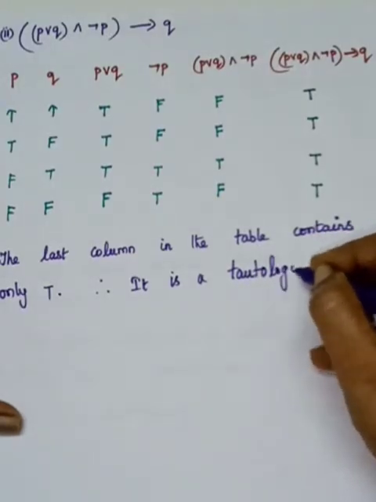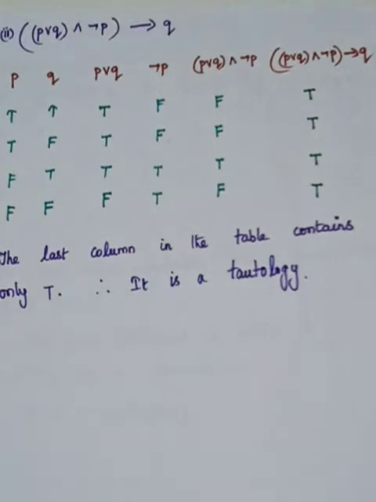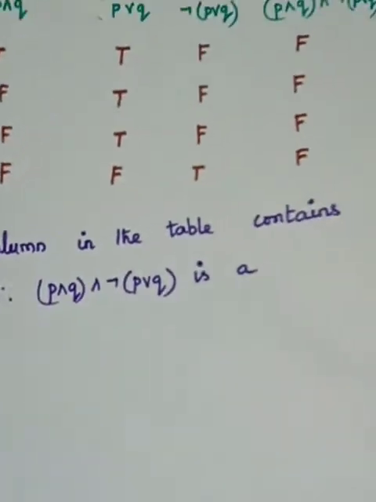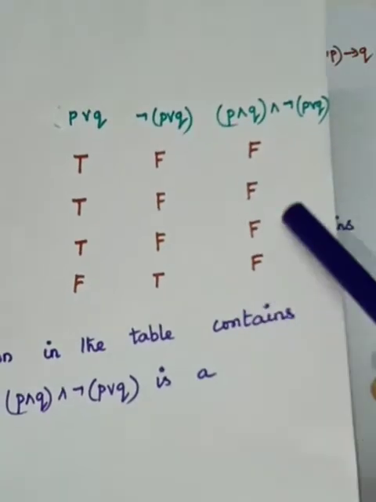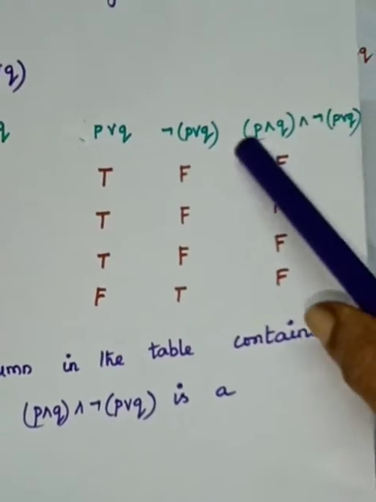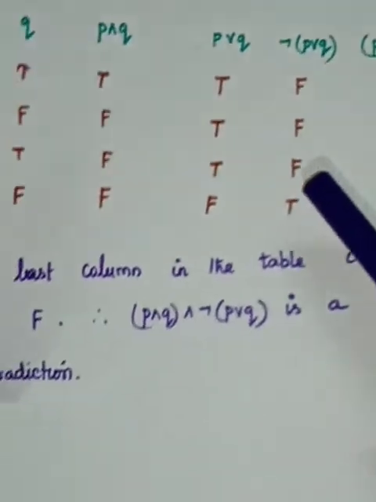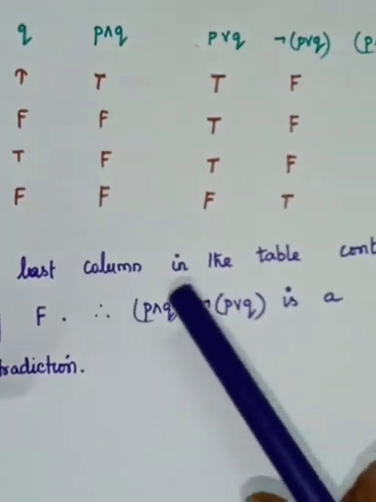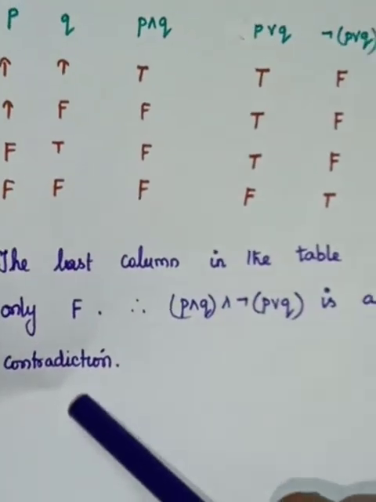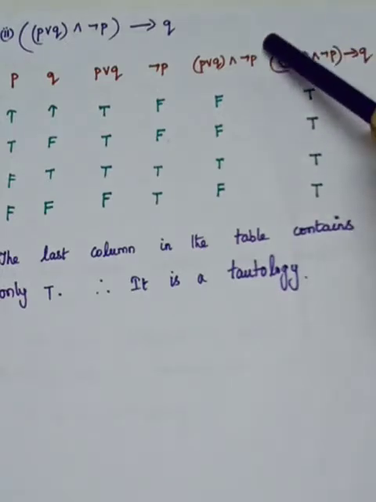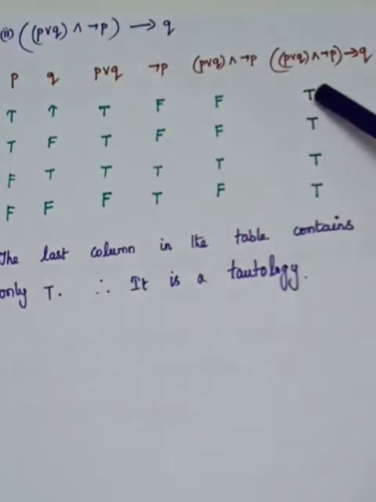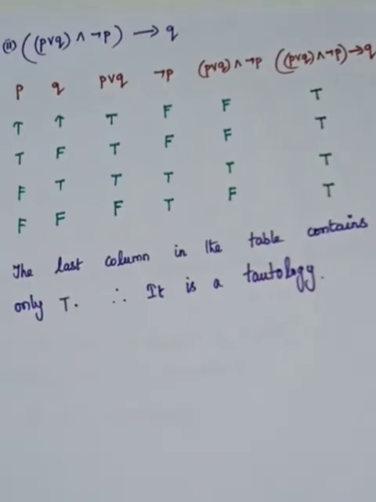Okay, so the previous problem, you see that this compound statement is asked. Okay, so the last column entries corresponding to this compound statement contains only F. So therefore it's a contradiction. Here the last column entries corresponding to this compound statement having only T. So it is a tautology.